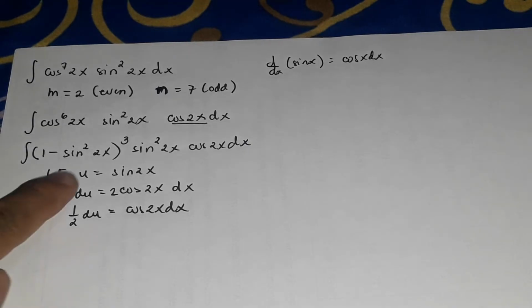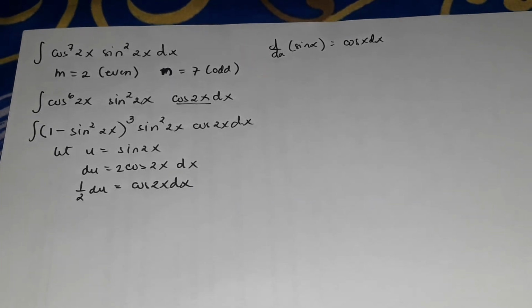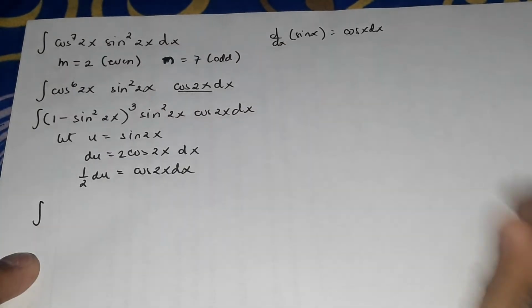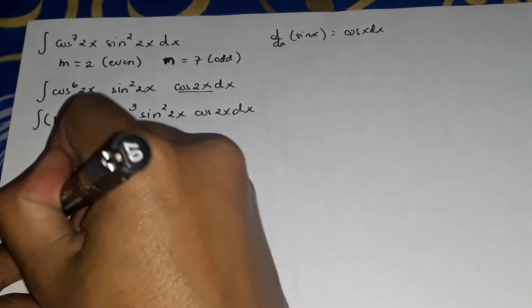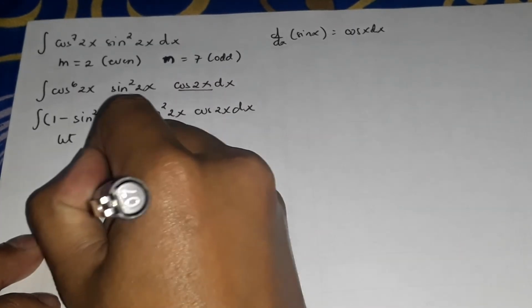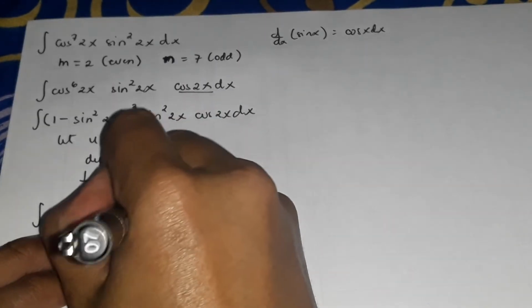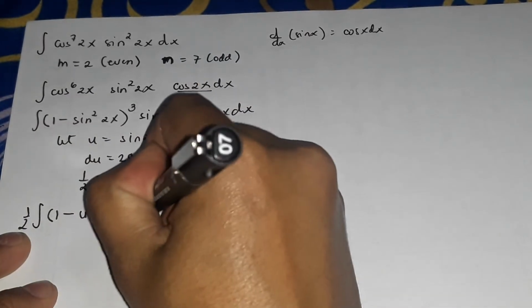Again, so we now have our u, which is equal to sine 2x, 1/2 du, which is equal to cosine 2x dx. So we are now ready to replace everything on our integrand. So we have integral of 1 minus sine squared 2x is written as 1 minus u square cube. And then sine squared 2x is your u square. And then cosine 2x dx is your 1/2 du.